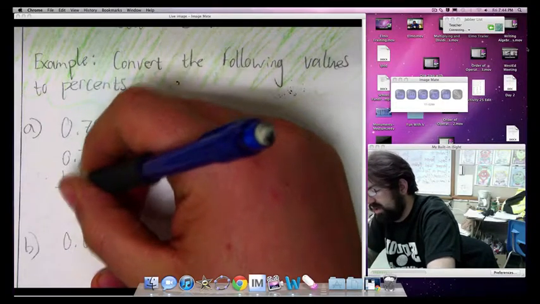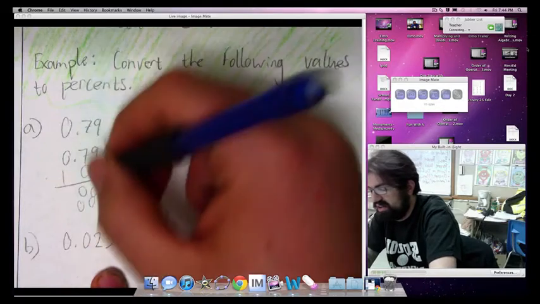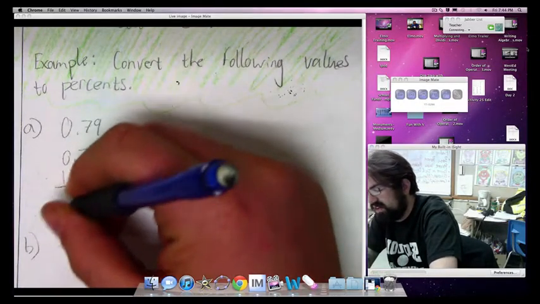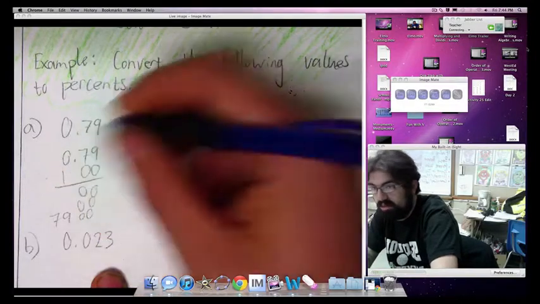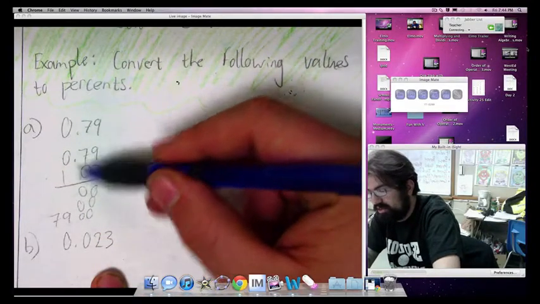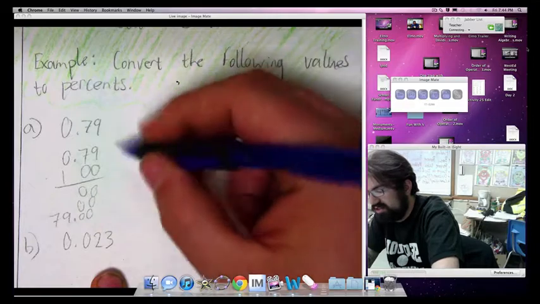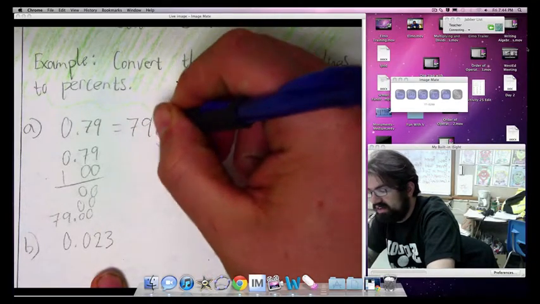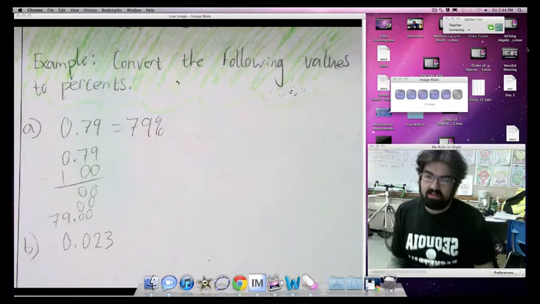Zeros, yay, which will mean we got zeros again, and then all of a sudden now we've got two placeholders and then 79. And then we have two decimal places, right? 1, 2. So really this just turned into 79%. And you just wasted a bunch of space right there for nothing.